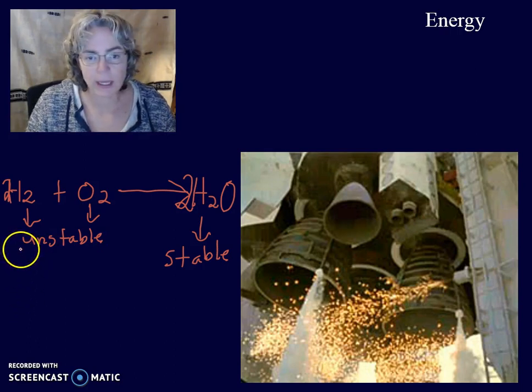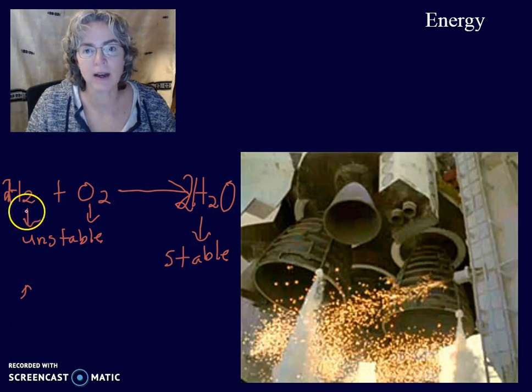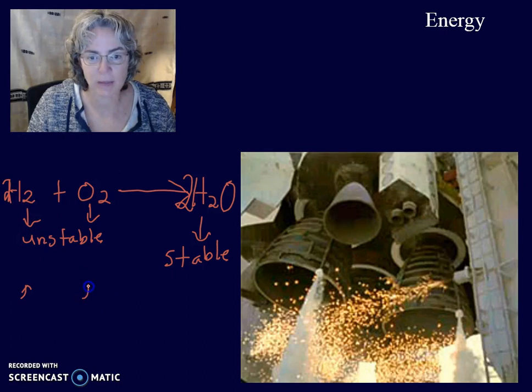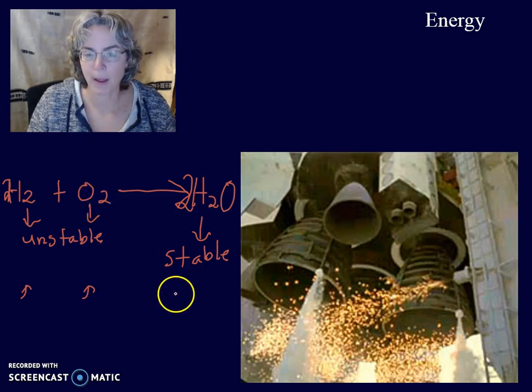So it takes a little bit of energy, just a little bit of energy, to split hydrogen. And it takes a little bit of energy to split a molecule of oxygen.